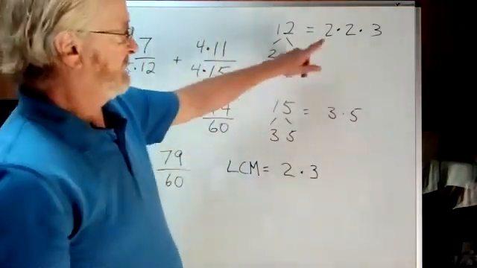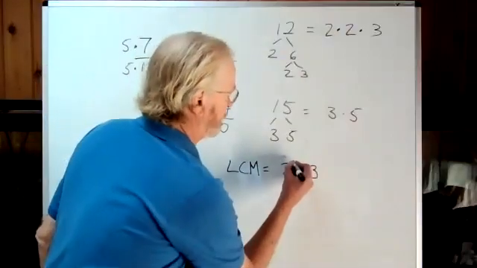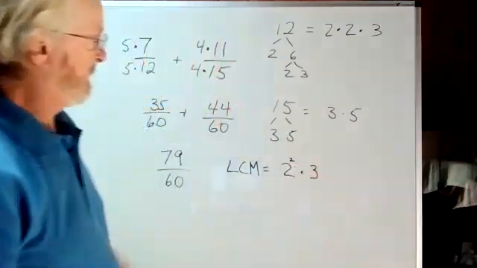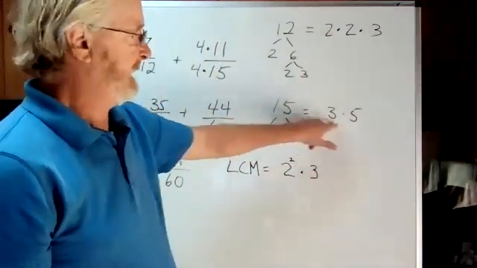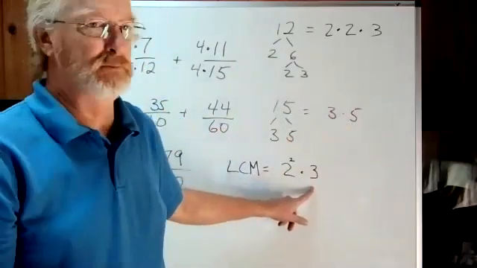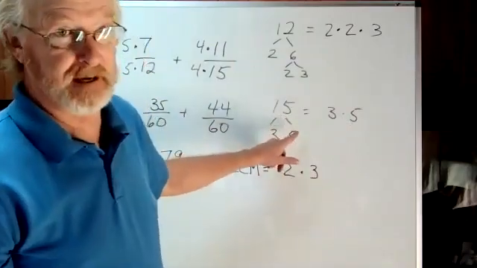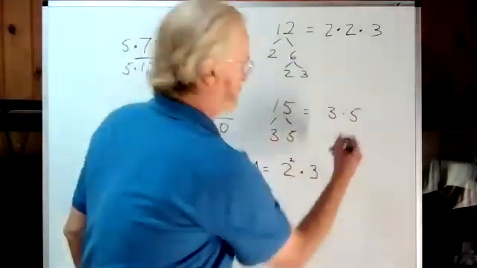And in order to be a number that's divisible by 12, it's got to have 2 2s. So I'm going to put an exponent up here. Now the 15 needs a 3 and a 5. Well, I've already got a 3. I don't need to duplicate it. This 1 3 will work to get me halfway to 15, right? But I also need a 5.